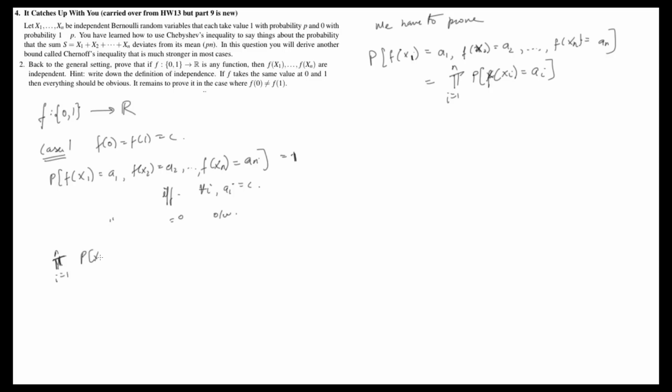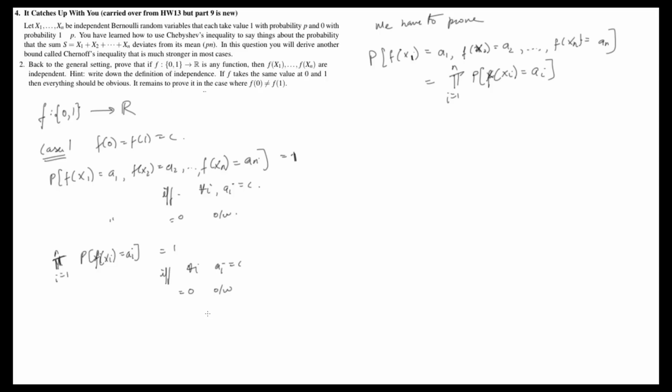So the probability that f of xi is equal to ai is equal to 1 if and only if for all i, ai is equal to c, and equal to 0 otherwise. Because the moment any of these ai is not c, then that particular term is 0, and when you multiply 0 to all the other terms, everything is going to become 0.